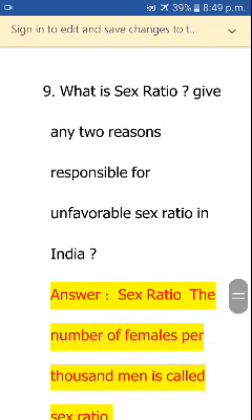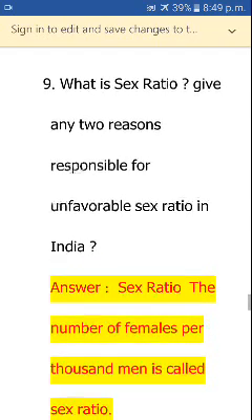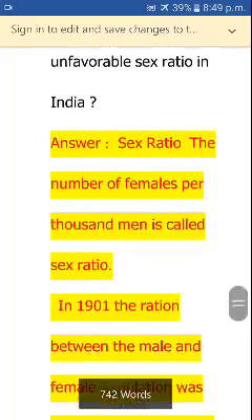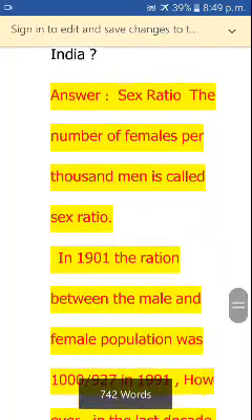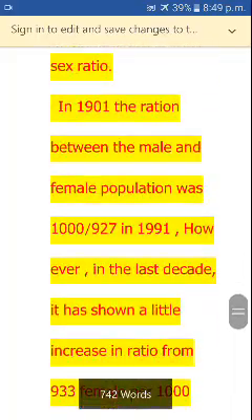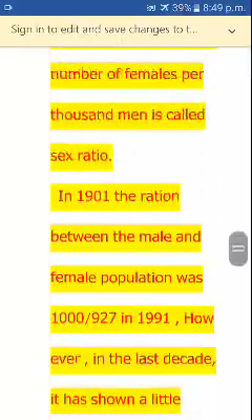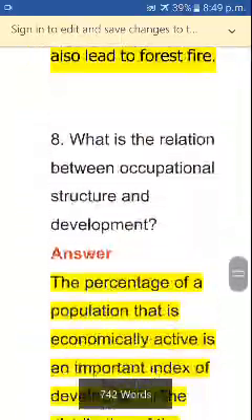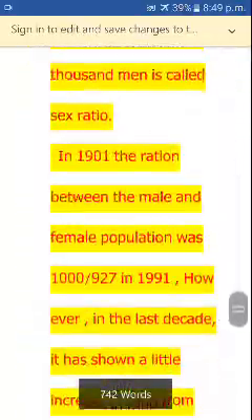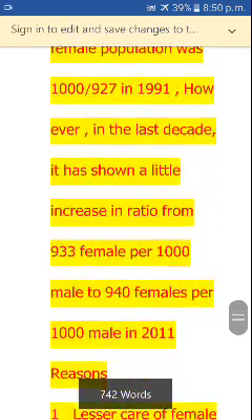What is the sex ratio, and give any two reasons responsible for the unfavorable sex ratio in India? The answer: the number of females per thousand men is known as the sex ratio. In 1901, the ratio between the male and female population was 972 females per thousand males, and 927 in 1991.